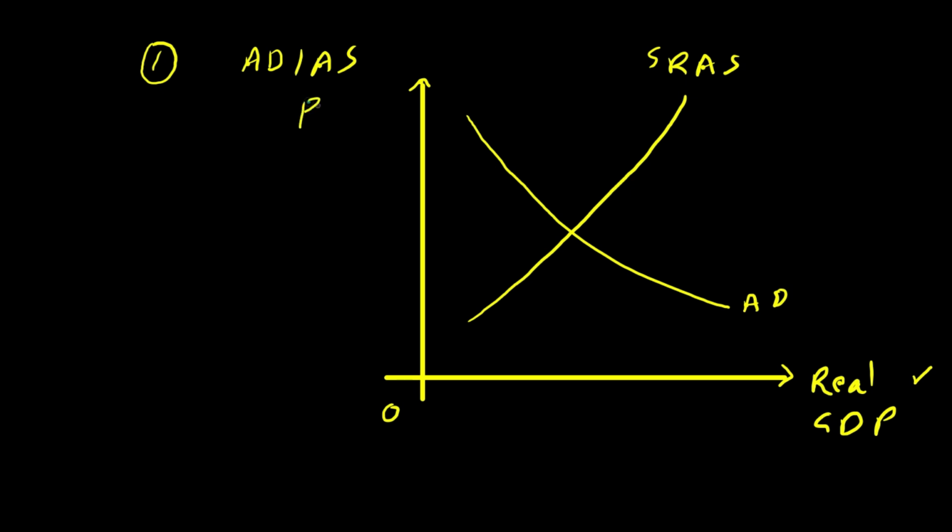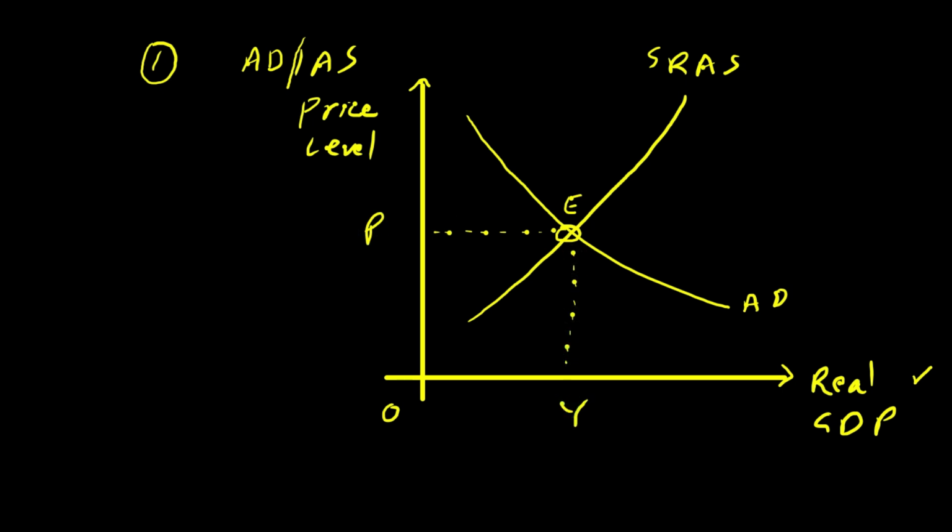And on the y-axis students generally write price, but instead of price you have to write price level or average price, because in macroeconomics we don't consider the price of a single product, rather the average prices of all goods and services produced in a country. Equilibrium takes place at point E, where price level is P and real GDP is Y.